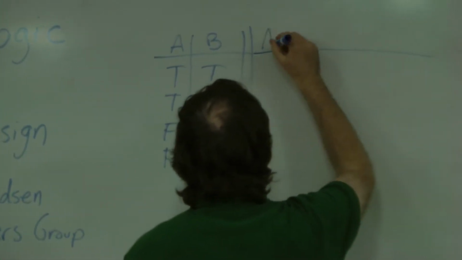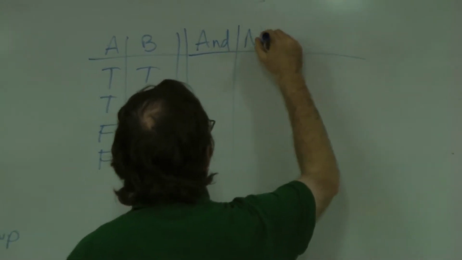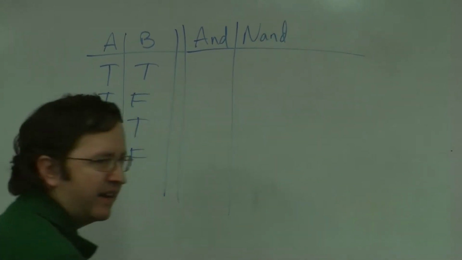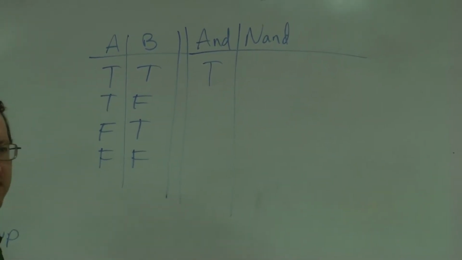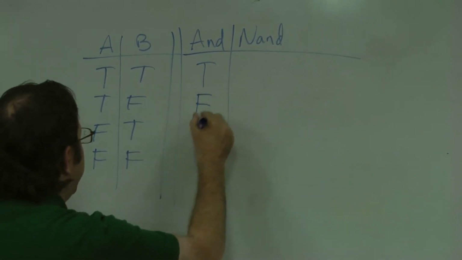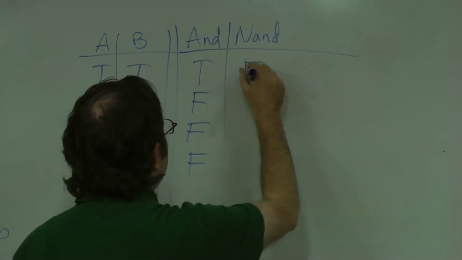The most common ones are things like AND and NAND, where AND requires both sides to be true, and everything else to be false, whereas NAND is the reverse of that.